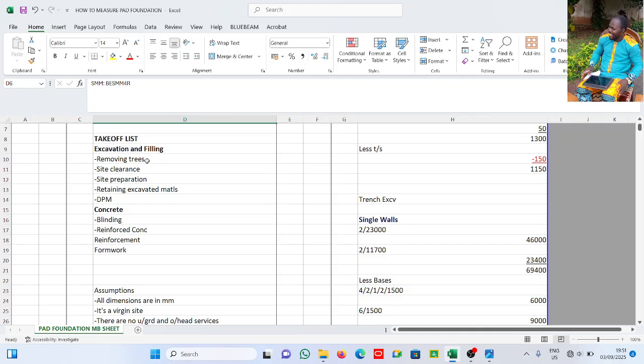Whichever you're not working on, you assume you're not doing that particular thing. So site clearance, site preparation, retaining excavated materials, DPM, that's damp-proof membrane. Then the concrete works: the blinding, reinforced concrete, reinforcement, formwork.